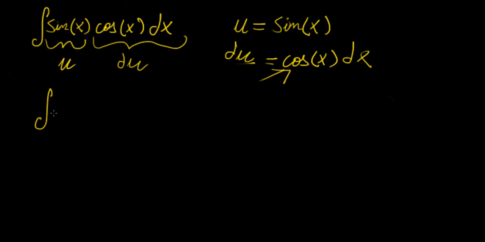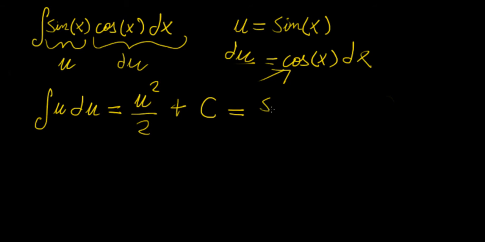So we can rewrite the integral as u times du, which we know is just going to be u to the power of 2 over 2 plus the constant c. And if we substitute sine of x back into here, that is going to give us sine squared x over 2 plus c. And we can check that this is correct by differentiating this with respect to x. And we would in fact get back to this function here.